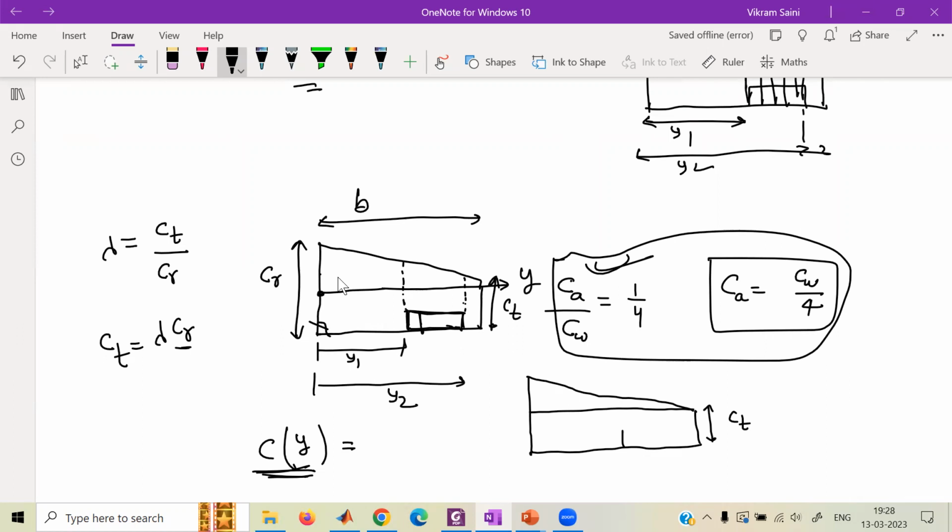Then this length is always there, right? It's a fixed length. Everyone agrees? Okay. This length is the only variable that we have to add at every y station. So if you can find the expression for this, then we are done.